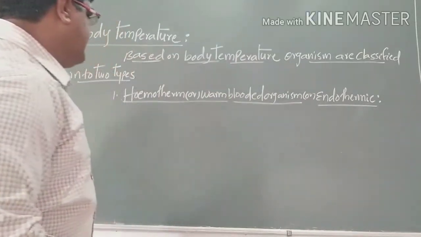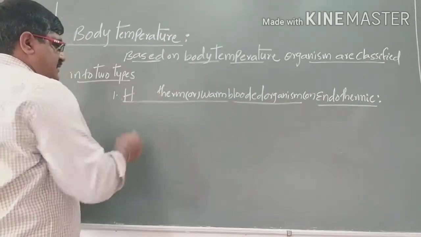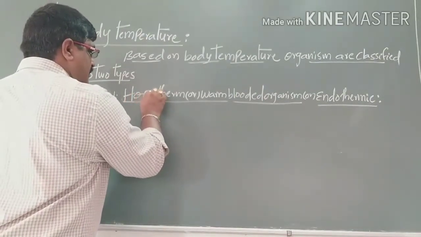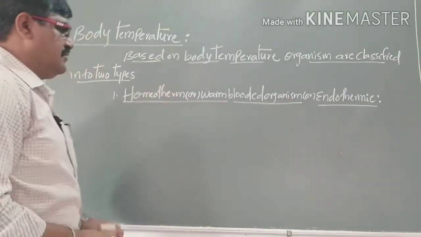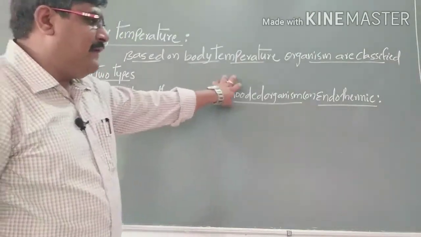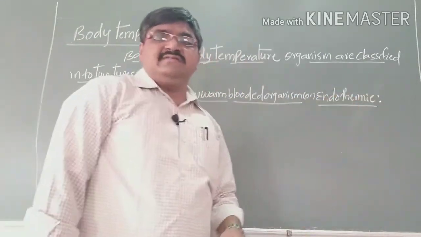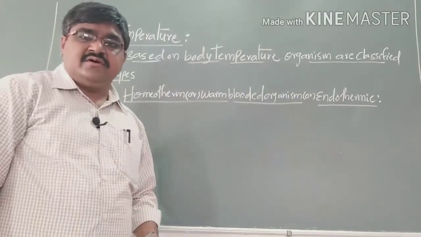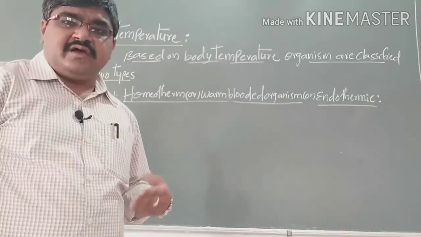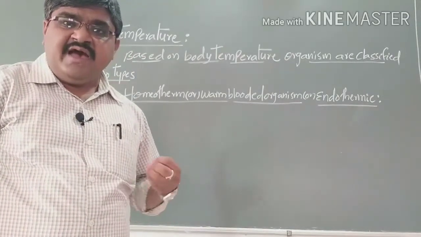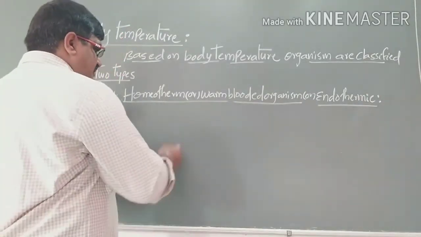So homeotherms are warm-blooded organisms, or endothermic. That means in these organisms the body temperature remains constant.